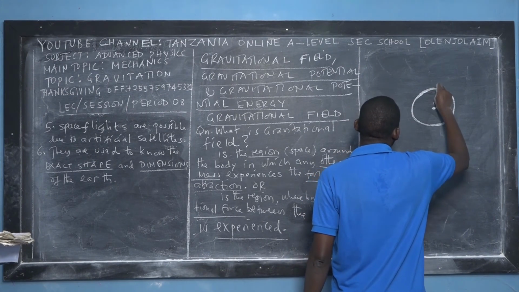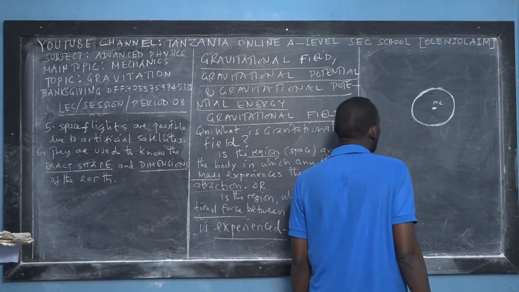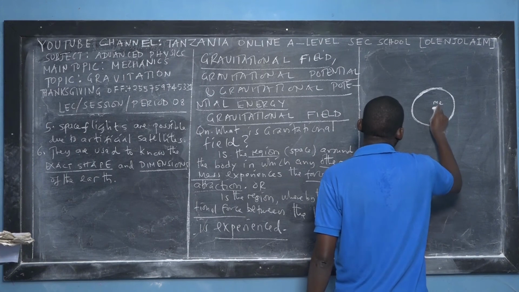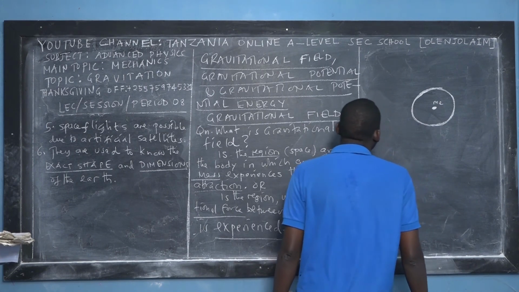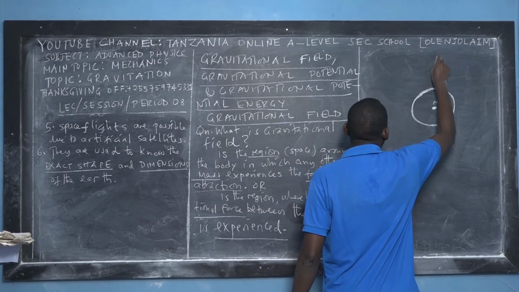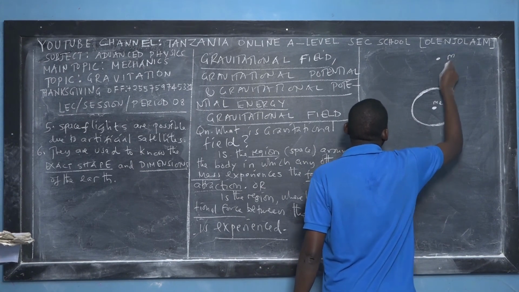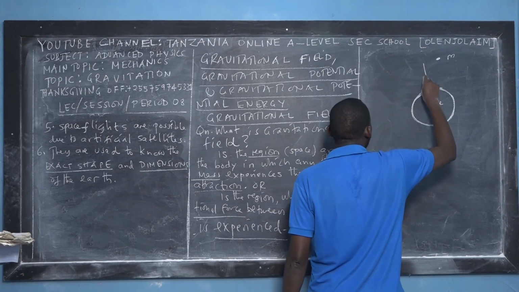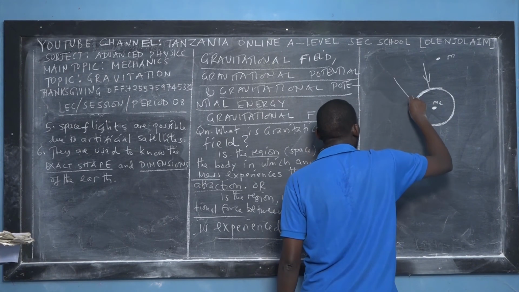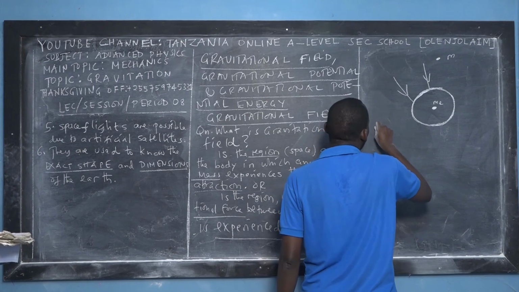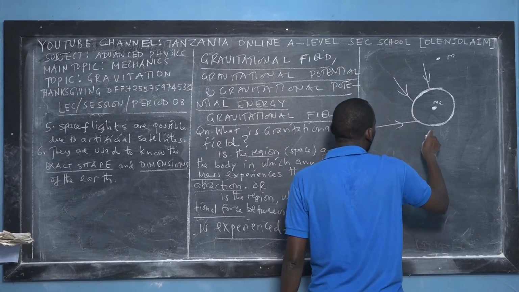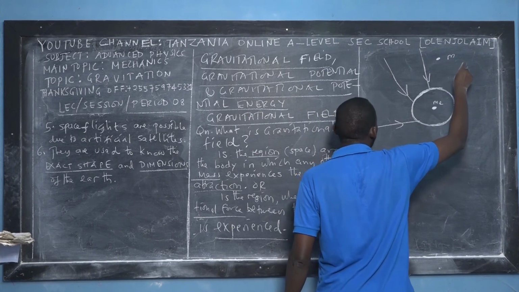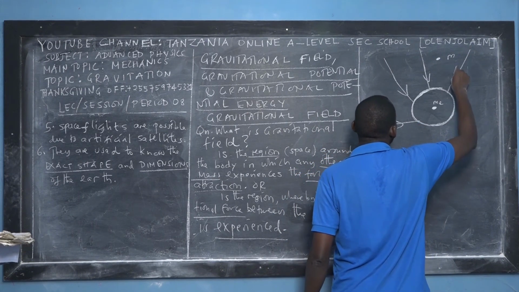So we say the mass of the Earth, and suppose we have a body at this point. This is a body of mass m, and the Earth will experience the force of attraction. Remember that we have these lines.